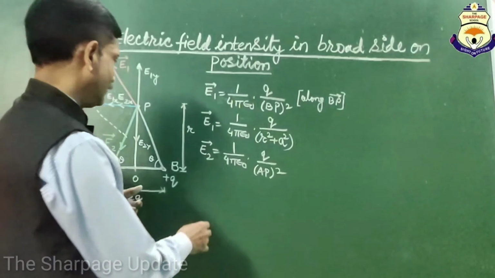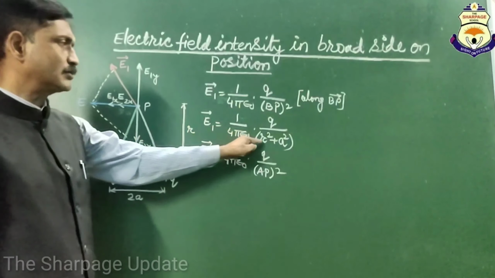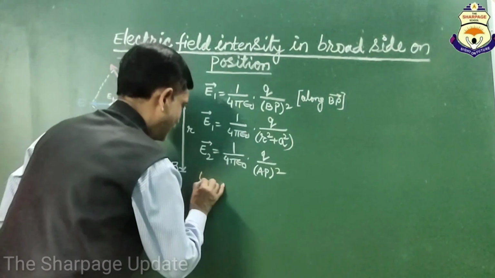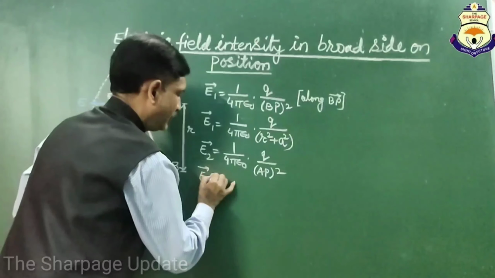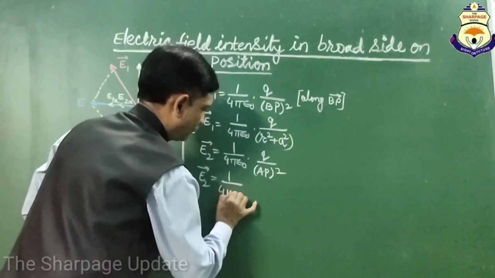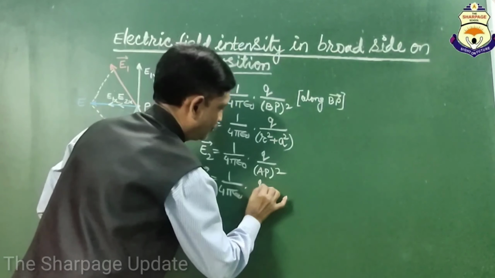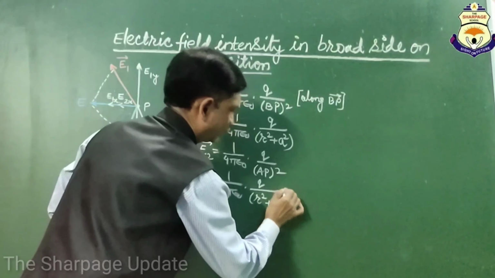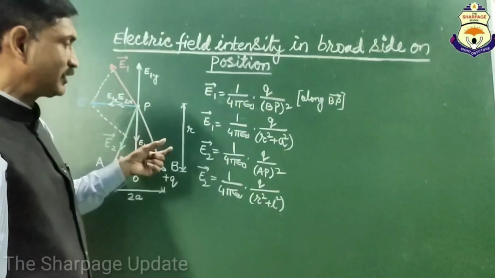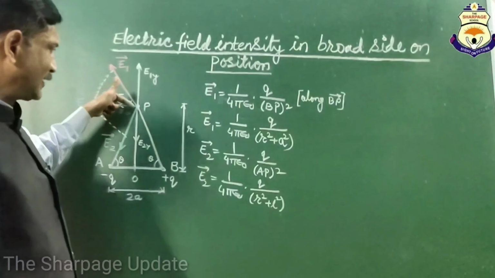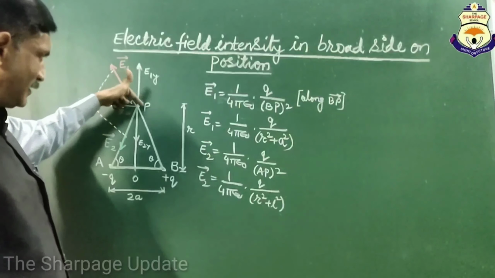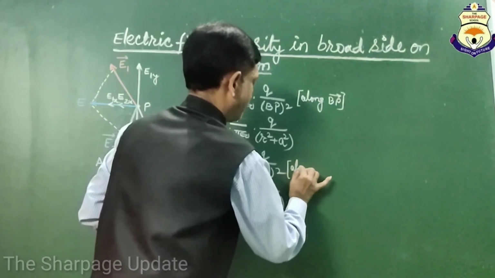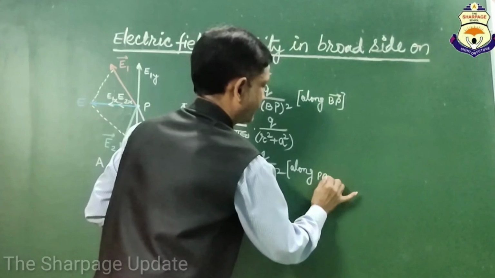So AP square will also be equal to R square plus A square, because PB is equal to PA. So here we can write E2 equal to 1 upon 4 pi epsilon 0 into Q divided by R square plus A square. And the direction of E2, as you can see by this figure, will be in the PA direction, means along PA.